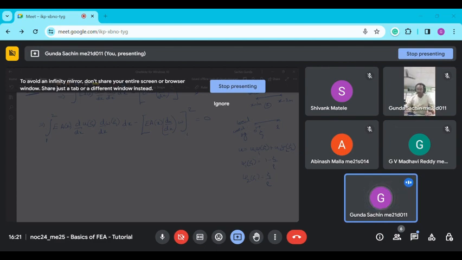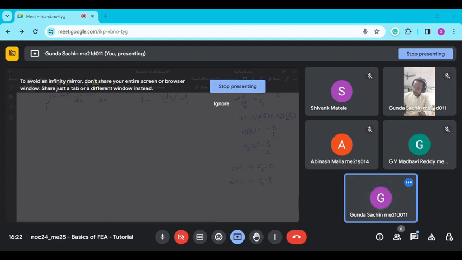So we need to make everything into one variable, then only can we solve the system properly, solve the integral properly. So let's see how we can do that.